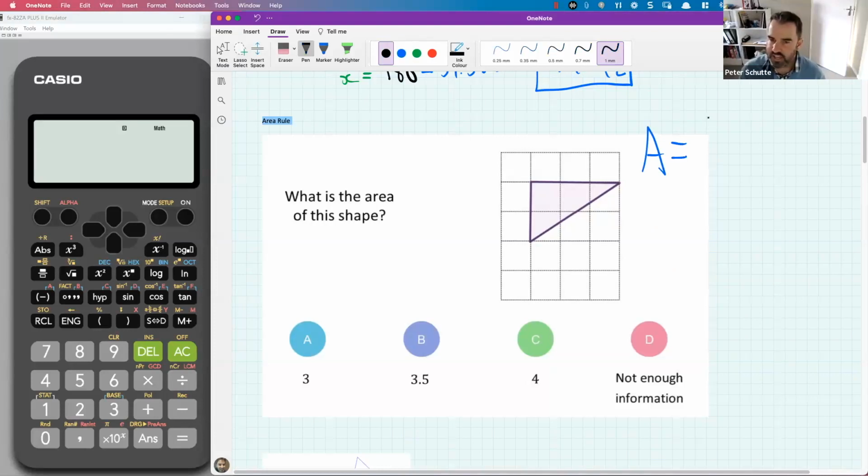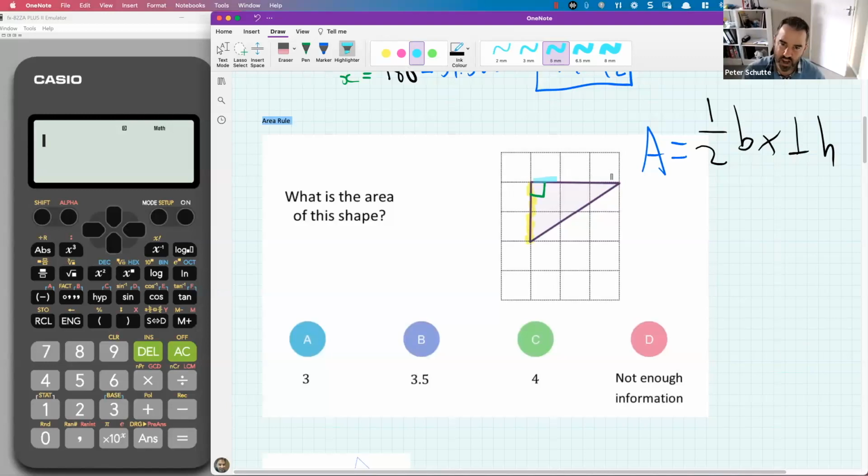Has anybody ever seen the formula a half base times the perpendicular height? So a half base times perpendicular height. Now, if we look at this triangle, there's a right angle here. And I think that I could think of this as the base, and I could think of this as the height. Now, if that was the case, can you work out the area for me?